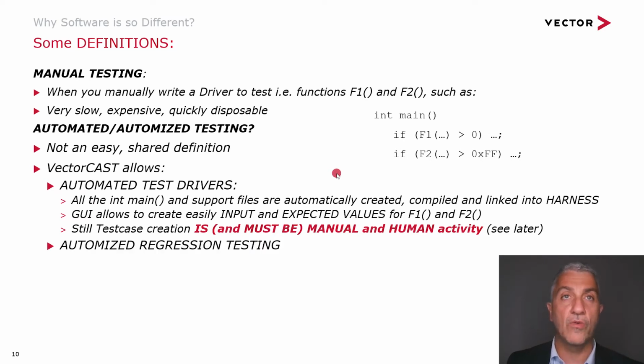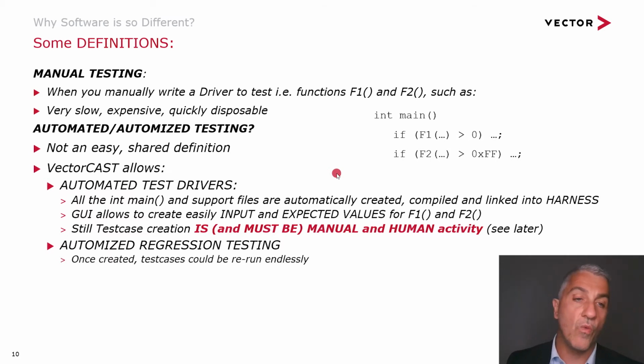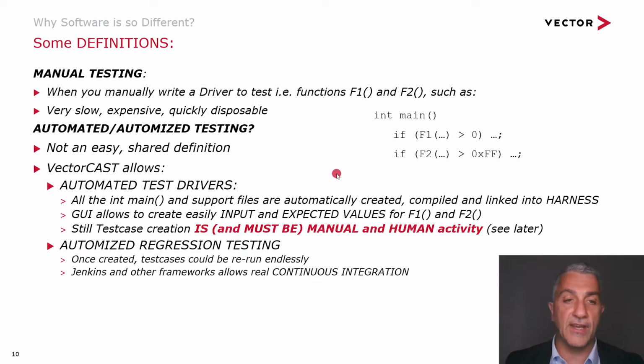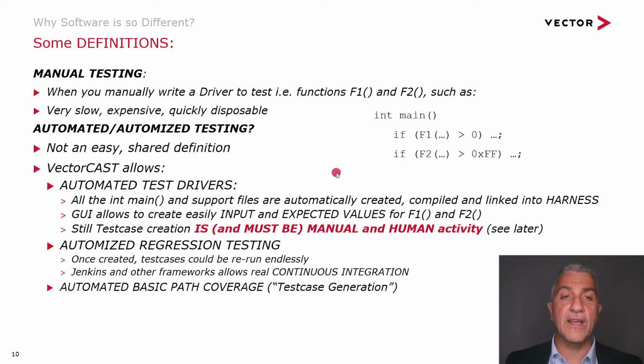Of course, you could also create automated regression testing. Once you have created the test cases, you could run them an infinite number of times endlessly, because you have tools like Jenkins and other frameworks that allow you to do continuous integration. And we will talk also about that. Another kind of automated activity is basis path coverage.